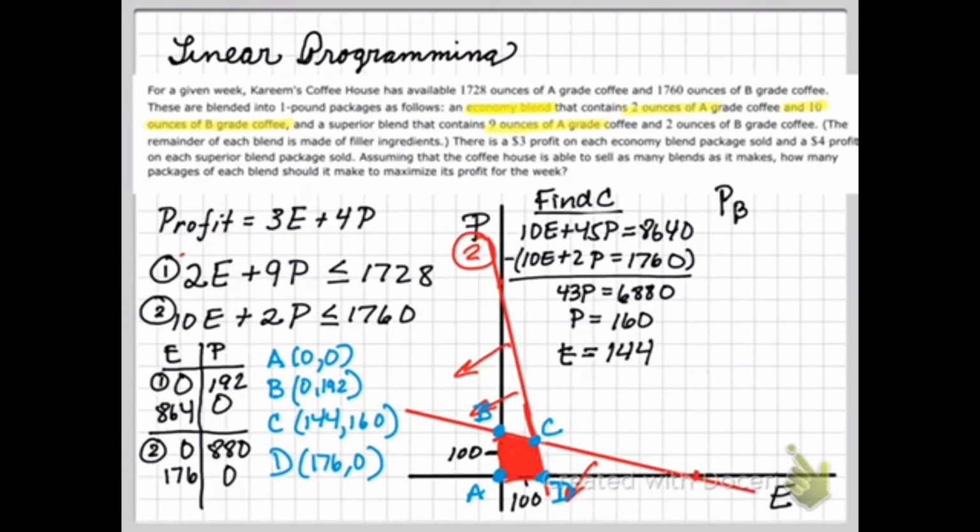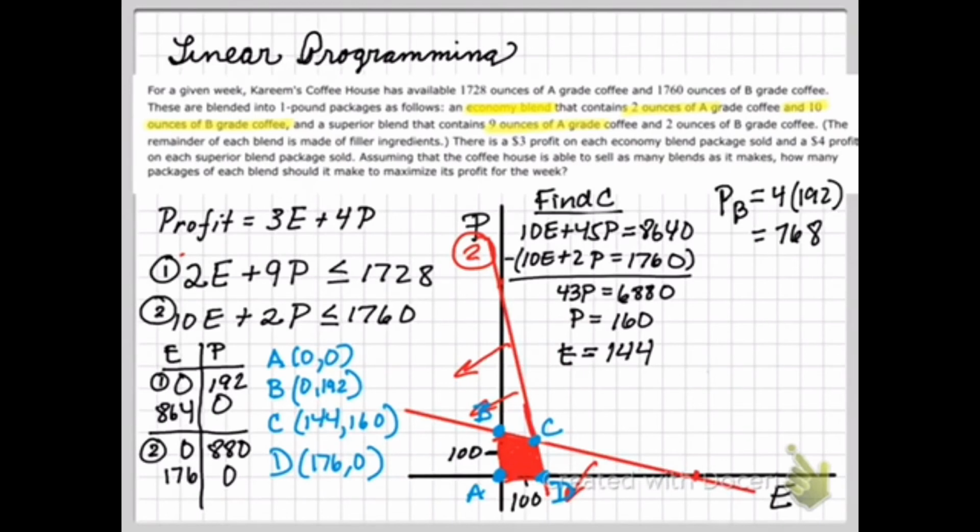So this is going to be the profit at B, so I'm using this B here, and that's 0 of bag E and then 192 of bag P. So the profit is going to be equal to 4 times 192, and that is 768.